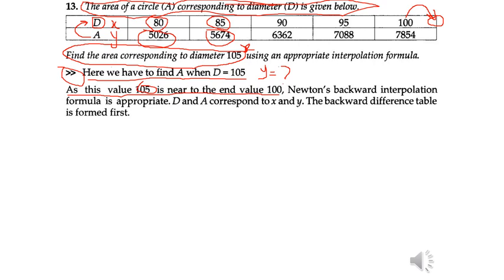That means it will be extrapolation. Since it is in the second half, if you divide this data into two halves, the required 105 is falling in the second half here. So which formula we need to use? Newton's backward interpolation formula.